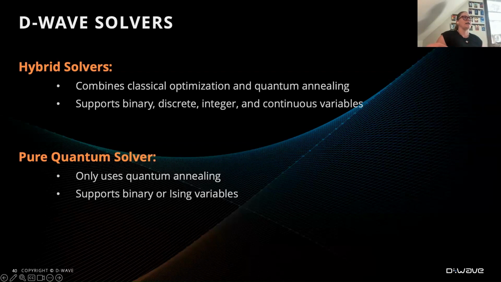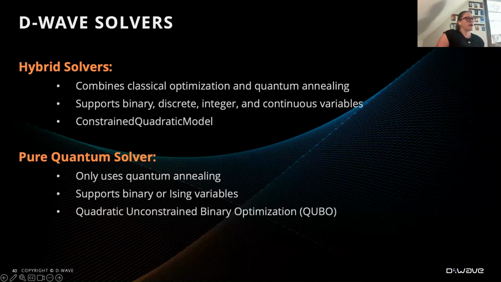They support binary, discrete, integer, and continuous variables if we use the constrained quadratic model package, which we just saw. But we can also formulate problems direct to the quantum annealer, like a pure quantum solver, which will support binary or Ising variables. We can submit problems that way in the form of a quadratic unconstrained binary optimization problem, or QUBO.